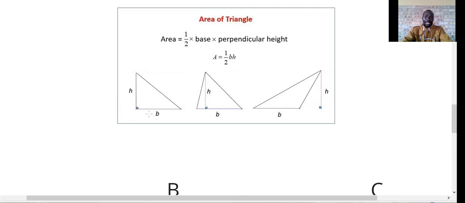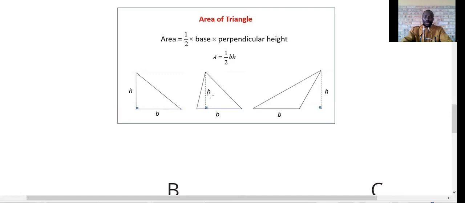This means 90 degrees. The perpendicular height is that height which is formed when the length of the height meets the base at 90 degrees.